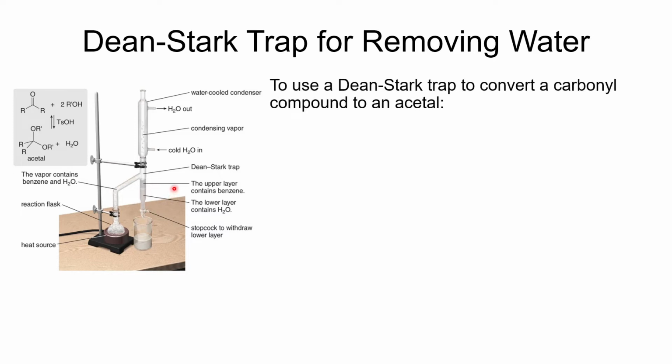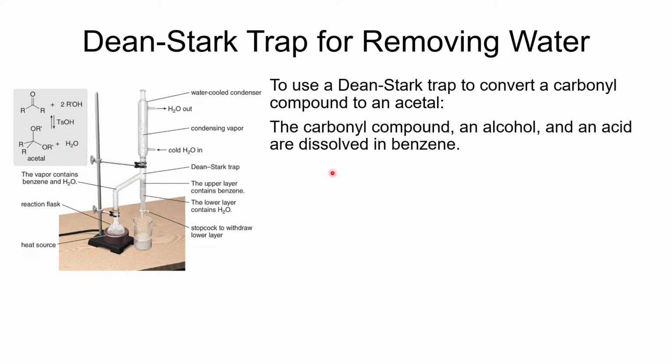So to use this to make an acetal, to help you drive the reaction to the right and remove that water, the trick is you put your carbonyl compound in here with benzene. And benzene's important in this case because benzene does something really unusual with water, and that water and benzene will both distill into the vapor phase at the same time.